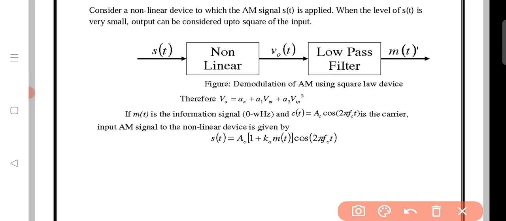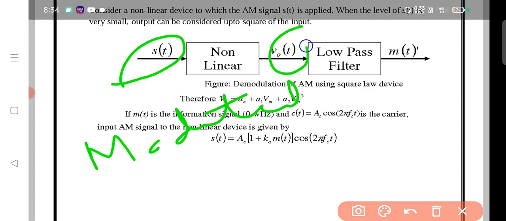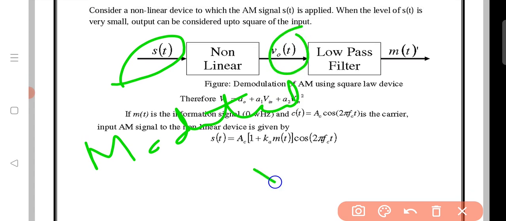What we desire at the output of the square law detector is only m of t. At the input side, this is the modulated signal, and V naught of t is obtained using that relation.